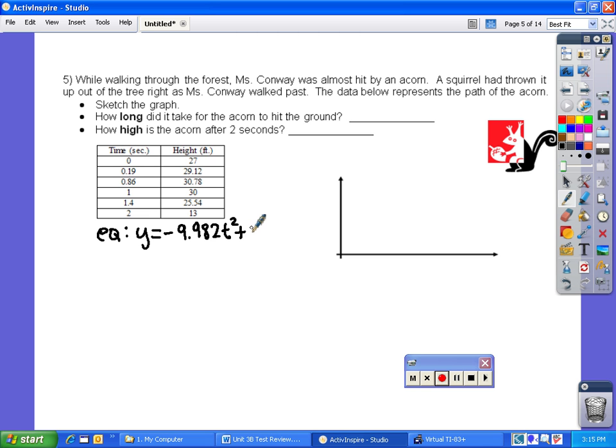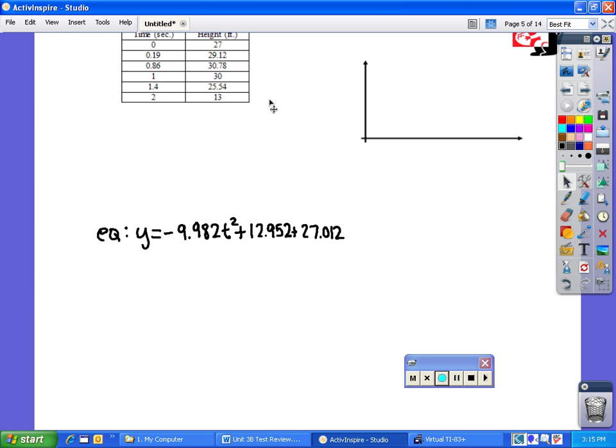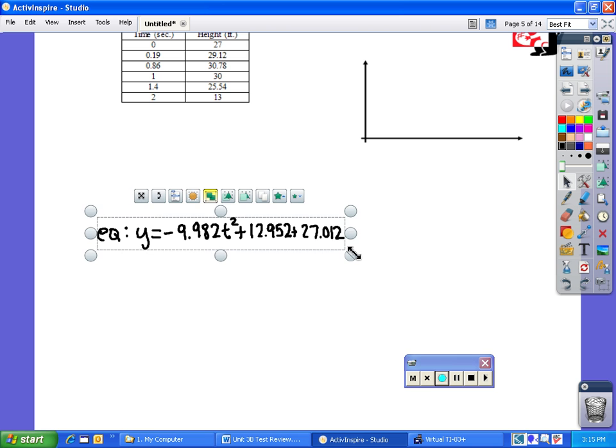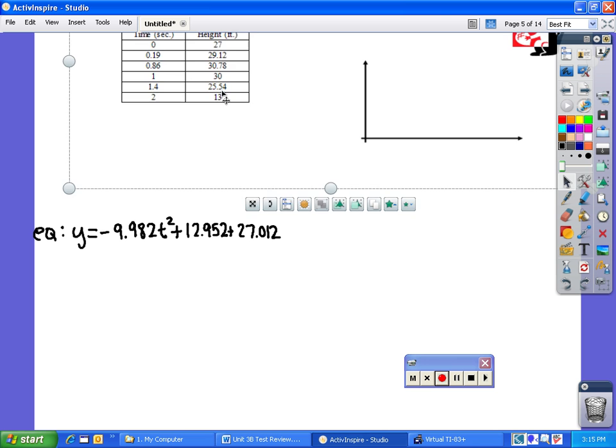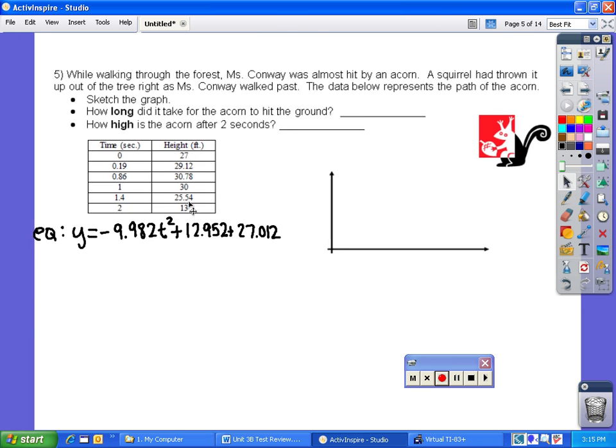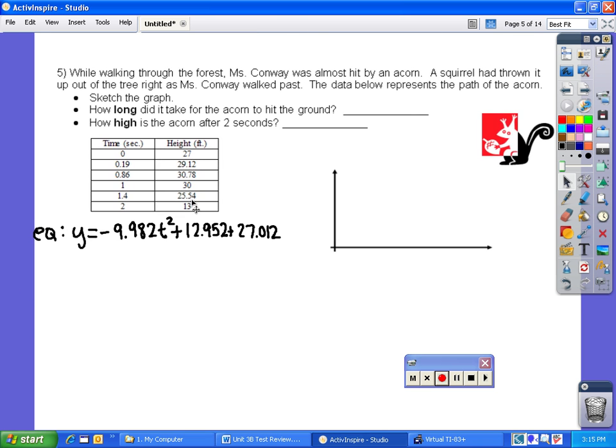Plus 12.952 plus 27.012. Alright, just have to move that over a little bit.